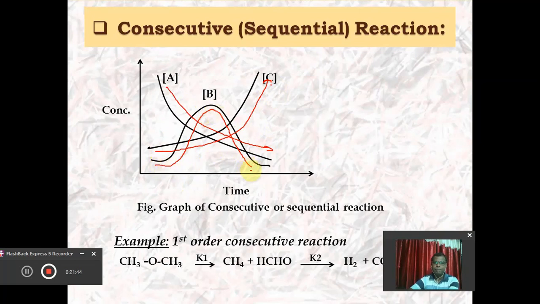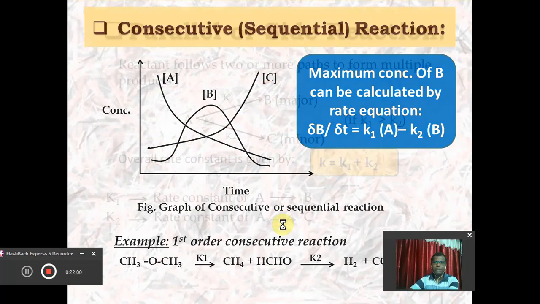I hope it is clear that the concentration of reactant decreases continuously, the concentration of final product increases continuously, while the concentration of intermediate initially increases and then decreases with time.